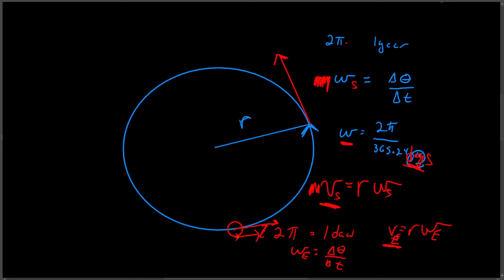So that's how fast a point on the Earth is moving relative to the position of the Sun. And so this question focused on the definition of angular velocity and its relationship to linear velocity. We just have two circles moving that we keep track of.